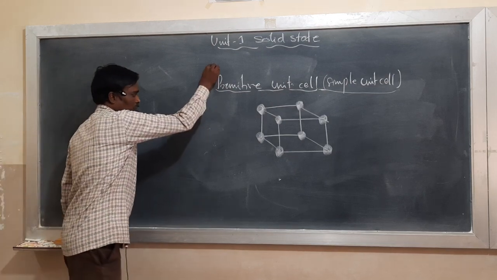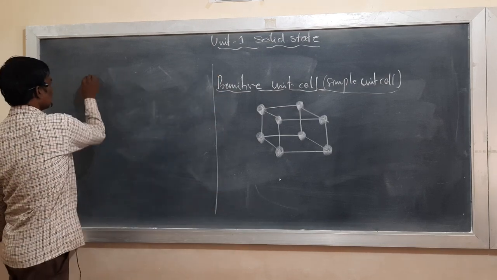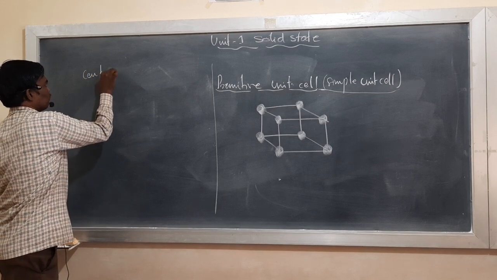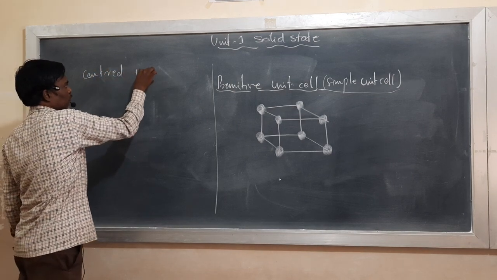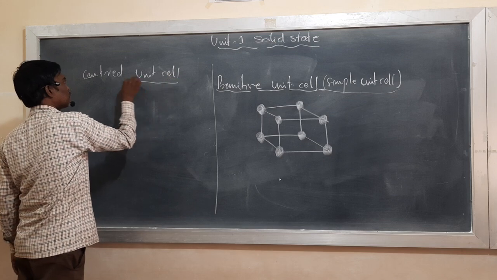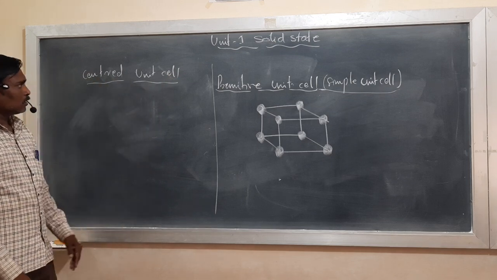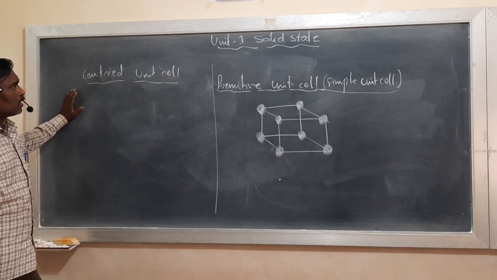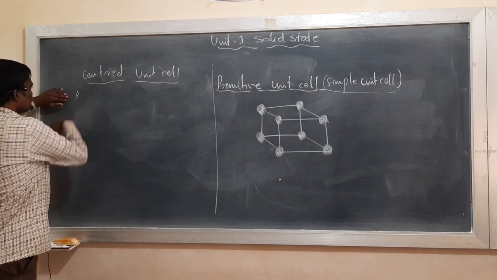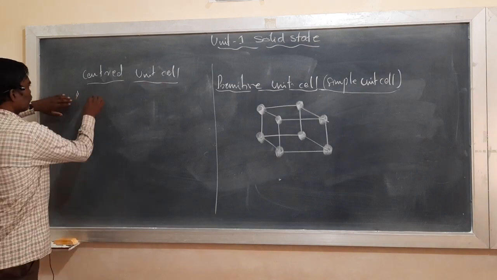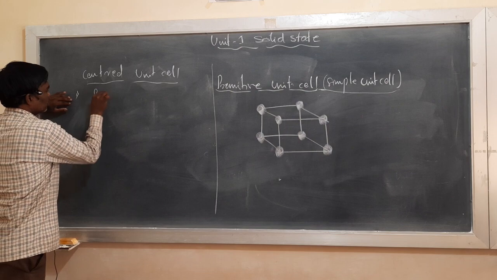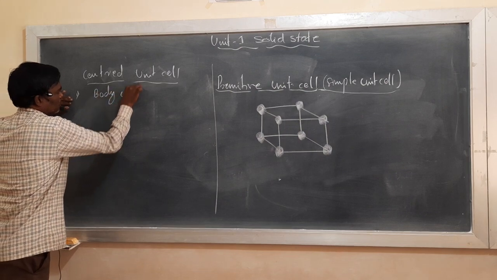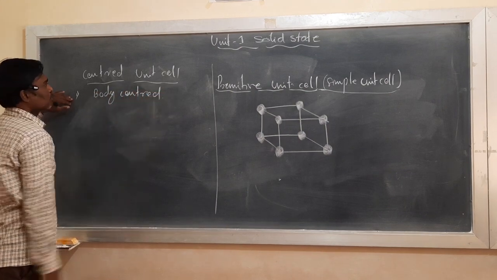And the second one is the centered unit cell. In the centered unit cell, as I told, there are three types. One is the body centered cell.